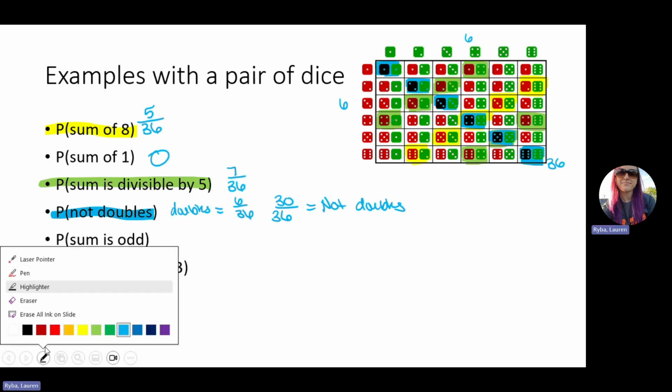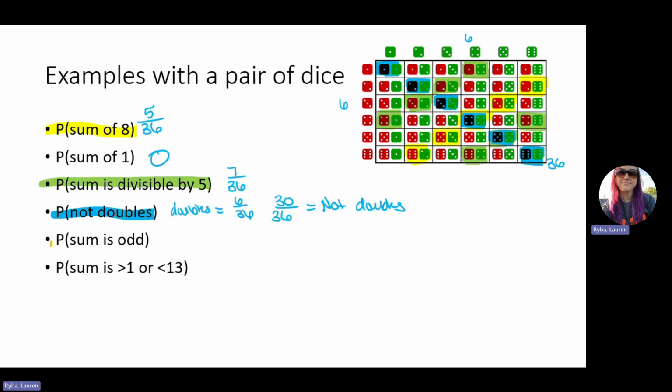All right, next one. Let's see, orange here. Sum is odd. Okay, well, this is a sum of 2, so that's not going to work. These ones are sums of 3, so that'll work. Next one is 4. So I'm going to do every other diagonal here. Skip this one, then I do the next diagonal.